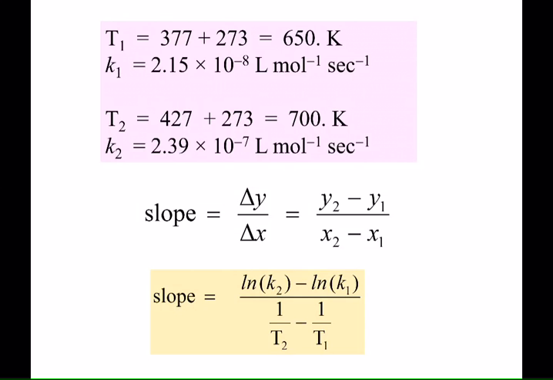I can't remember what my notes do. I think I do one more thing. In my law of logs, if we have in the numerator the log of something minus the log of something, we could combine those together and say it's the log of the ratio, the log of k2 over k1. I think that's what I do in the next slide.